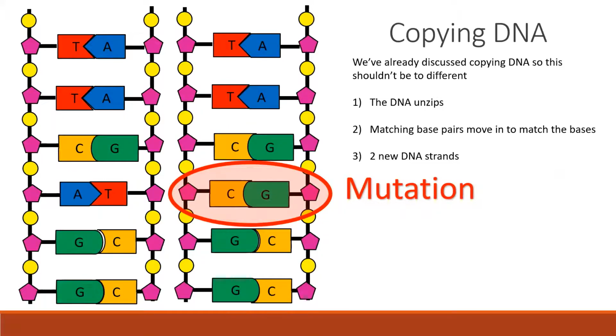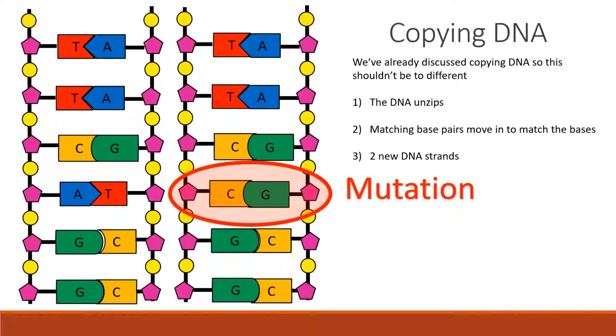I will say this: it can be a mutation caused by just your DNA making a mistake. It could be your DNA copying a bit of broken DNA, because your DNA, remember, is part of you as a living thing. It can get damaged over time.